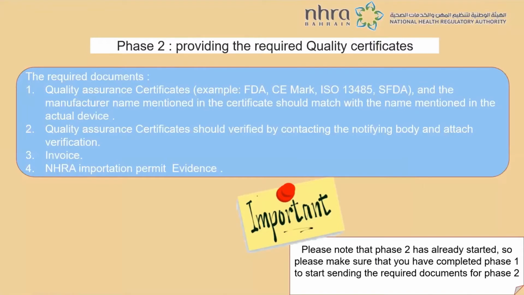Second, quality assurance certificates should be verified by contacting the notified body and attaching the verification to send to us. Third, the invoice of the device. And last, NHRA importation permit evidence.